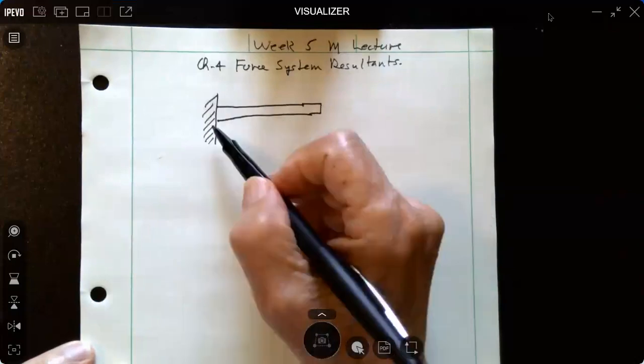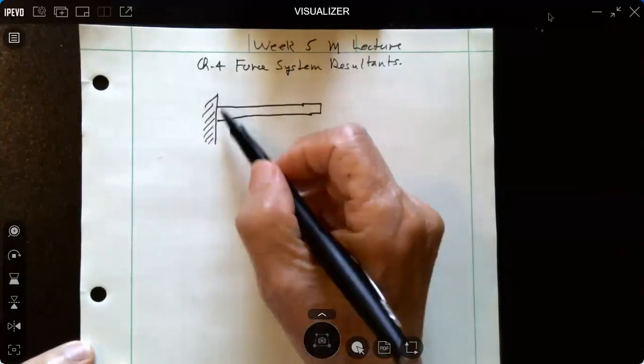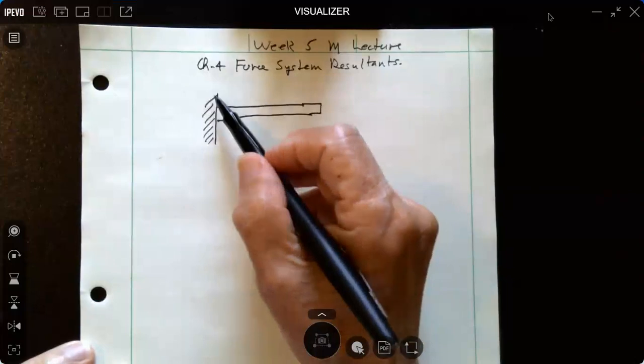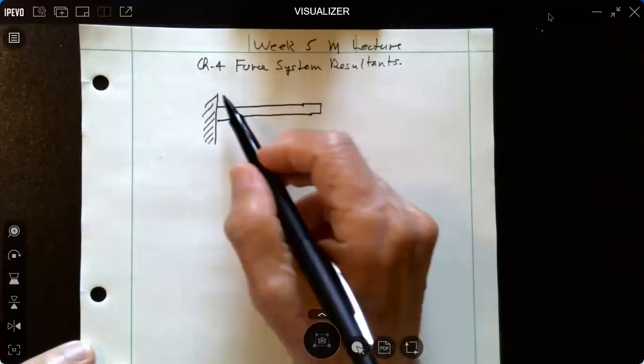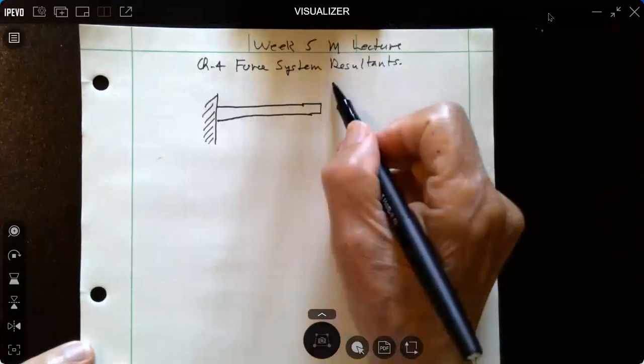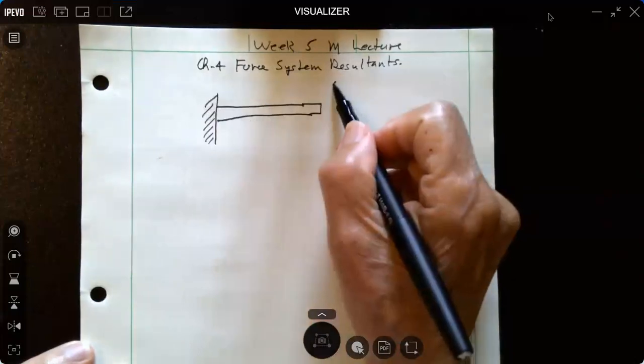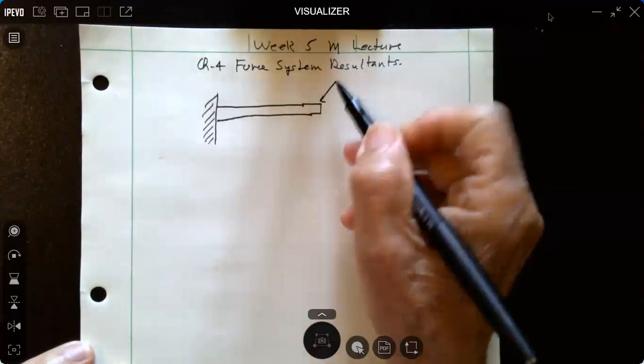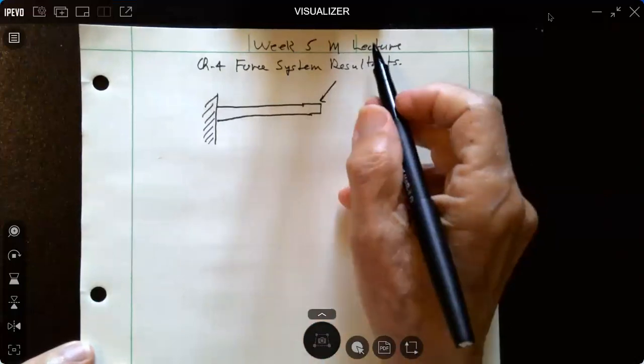It could be a plate, many types of situations that can provide this type of support. I'm going to put a force at the end of this beam at some angle, and let's just call this force F.